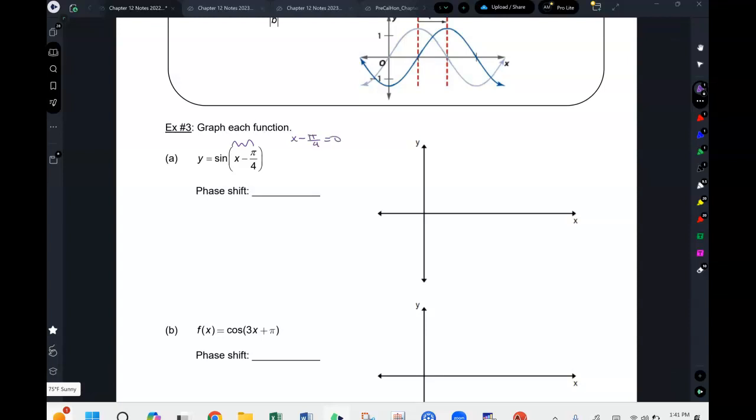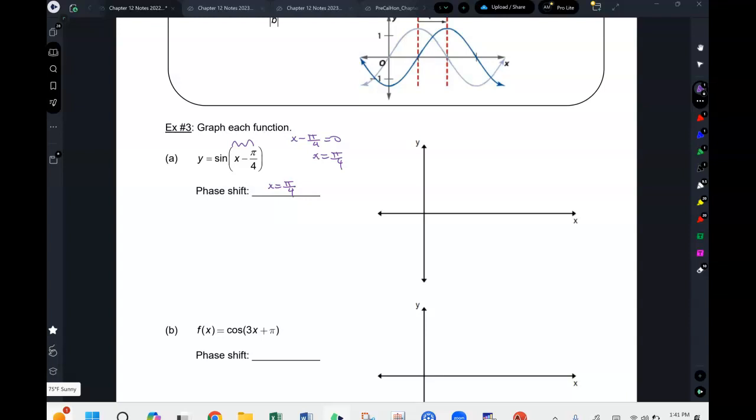So add pi over 4 to both sides. X equals pi over 4 is the phase shift. All right, so if it's x equals pi over 4, that means it's moved to the right pi over 4 units.